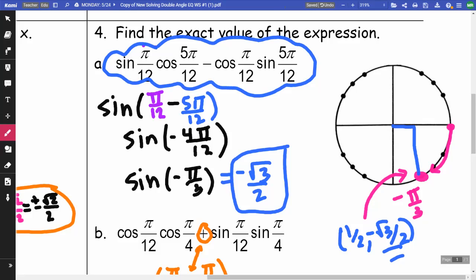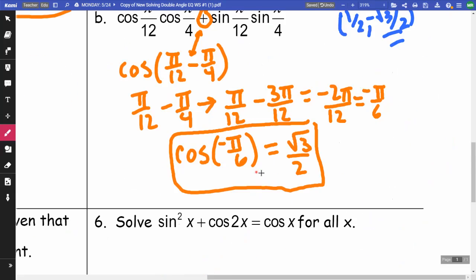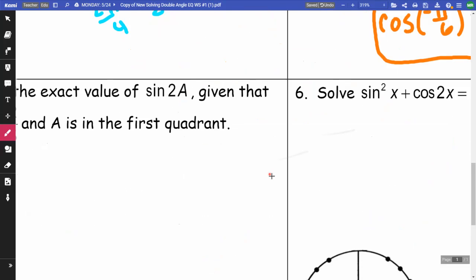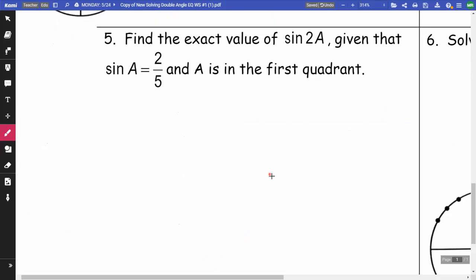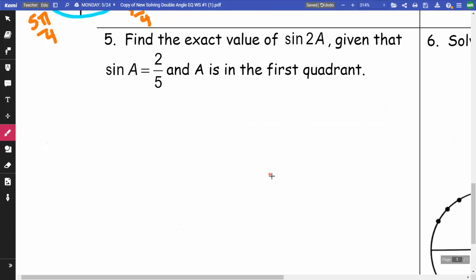And then looking at number 5 and 6. Okay, so 5, what I notice is this right here is going to be sine of twice my angle. This one here is sine of that angle, but this one's twice that angle.